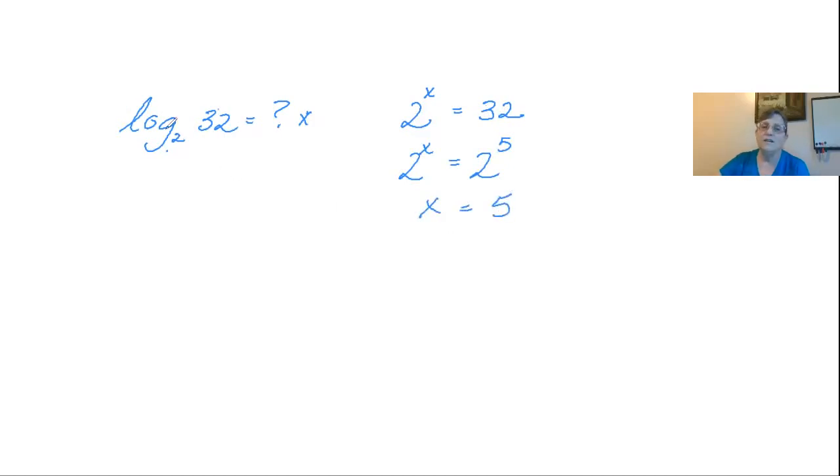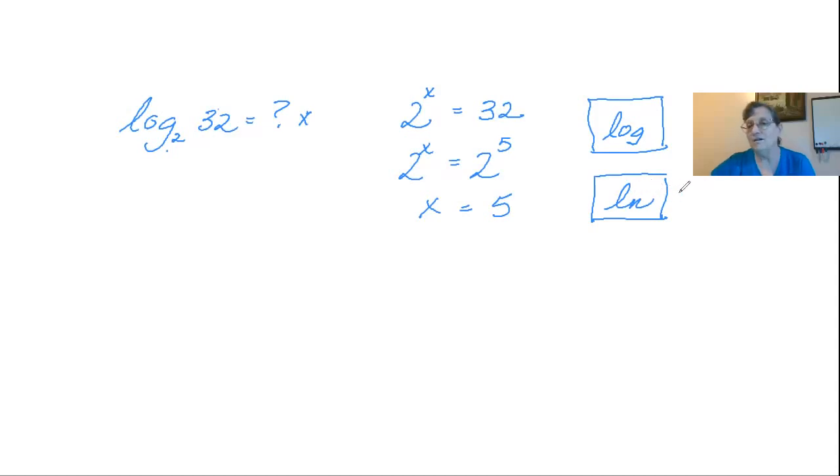On the other hand, I could have plugged this into a calculator. Your calculator is going to have, or should have, 2 buttons. One says log, and one has ln. It might look like it's an IN. This is a log with a different base.